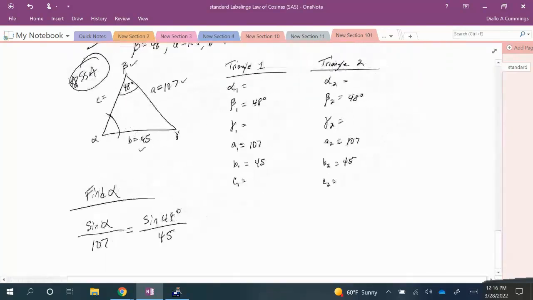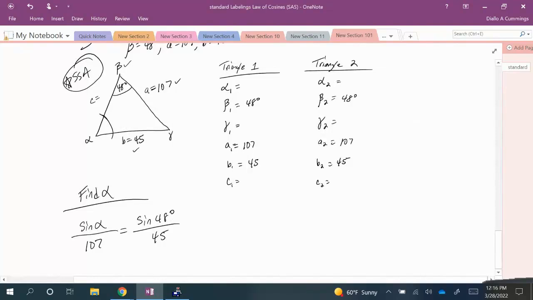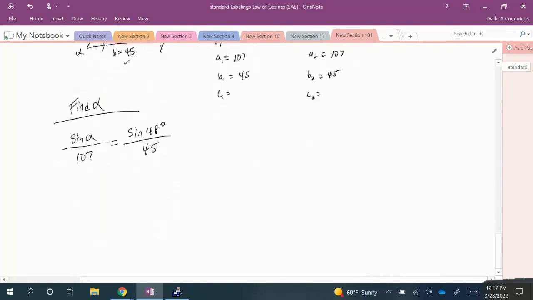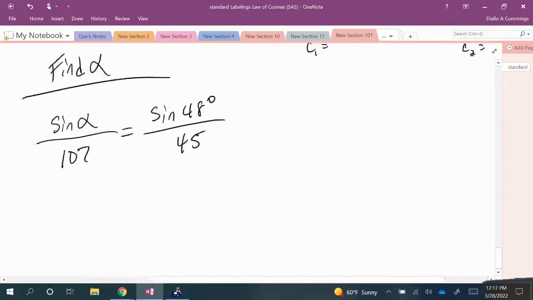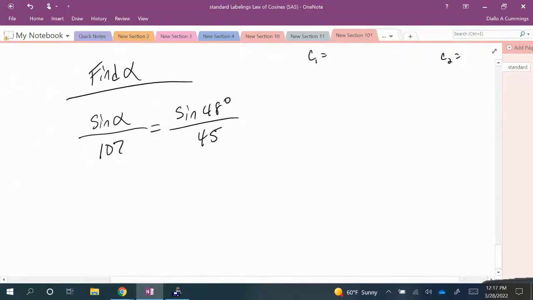So this is the law of sines proportion that I used. All right, so now I'm going to use the cross product property. I'm going to cross multiply, so sine alpha times 45 is 45 times the sine of alpha. That's equal to 107 times the sine of 48 degrees.